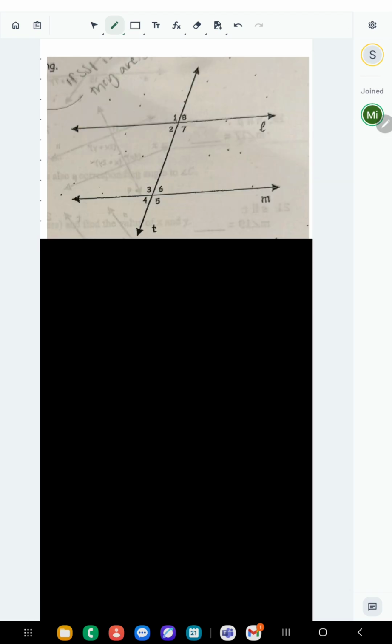Okay, alright. So let's solve this. Given lines L is parallel to M, answer the following. If the measure of angle 7 is equal to 100, find the measure of angle 3.